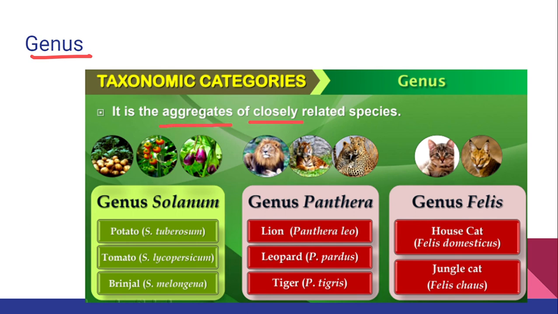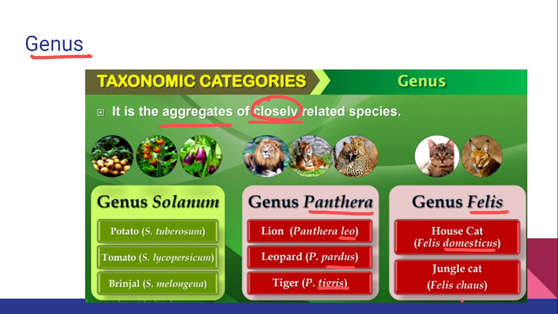Now let's come to genus. Let's talk about genus. Genus is nothing but an aggregate of closely related species. Very, very important. If you write aggregate of species, no. Closely related species, we call it genus. For example, under genus Panthera, your Leopardus and Tigris are going to come.